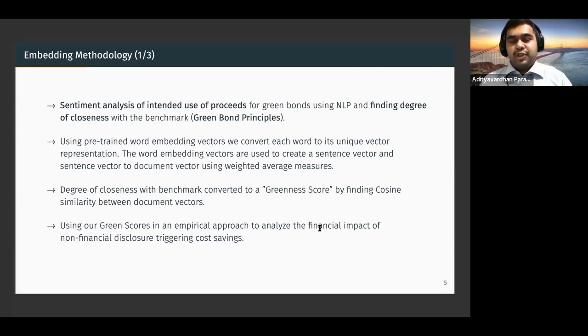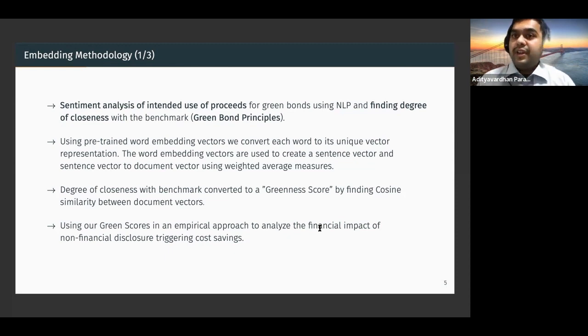For this project, we have used the green bond principles issued by ICMA, version 2021, as the benchmark. So the standard use of proceeds that have been given in those principles are considered to be the benchmark, and we have analyzed how close the intended uses mentioned in the issue documents for all the different green bonds are with the green bond principles.